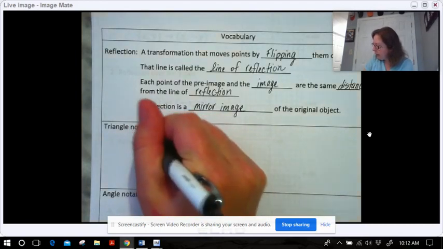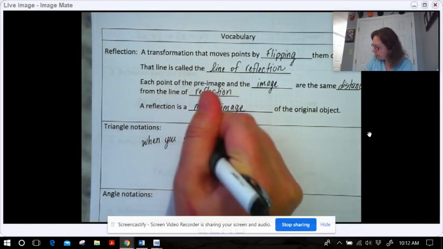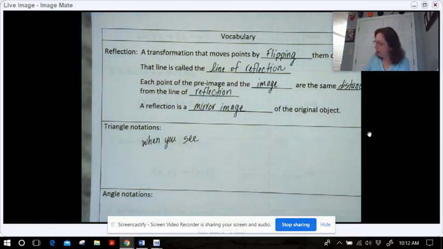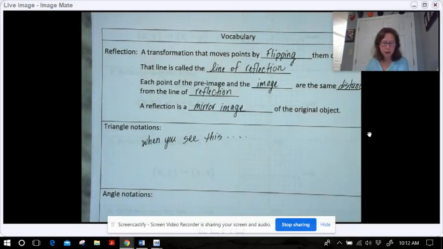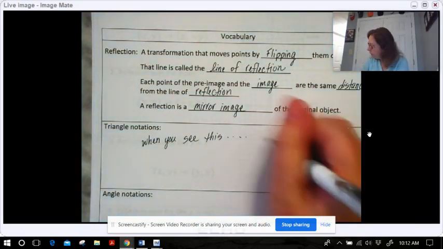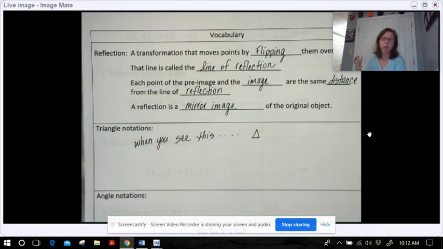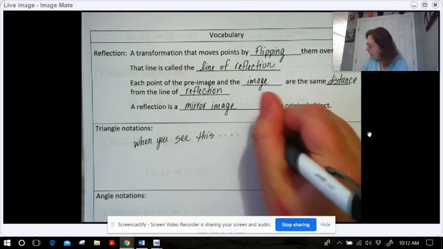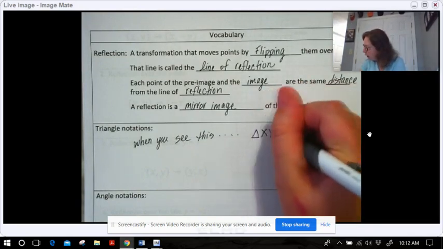When you see this, okay. So triangle, the picture of a triangle is actually the shorthand that we use in math to show that this is triangle XYZ.